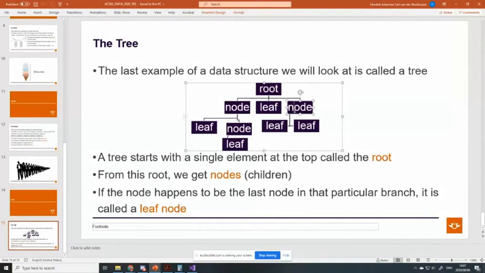I can't remember exactly where it gets implemented, but I think you only start implementing them in your third year. That's why I said I don't want to go into too much detail there, because I don't want you to get concerned that you're going to have to implement these structures now. It's not going to be expected of you to implement these structures now. That's still further down the line.